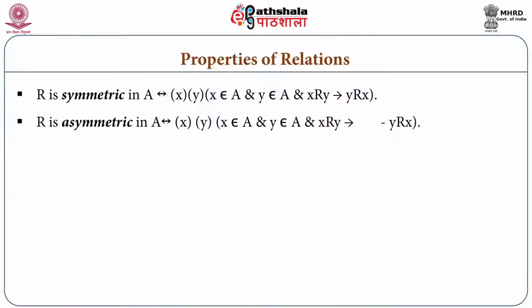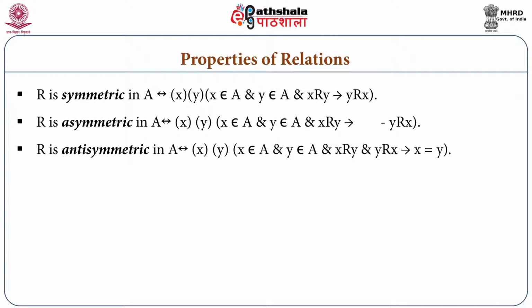That is asymmetric. We can go on to talk about another interesting property which is called antisymmetric, and it has been technically defined like this. R is an antisymmetric relation in a set A or on a set A if and only if for all x, y being members of the set A, there is a relation, let us say x to y, and also there is the converse relation, that means y to x, then x is equal to y.